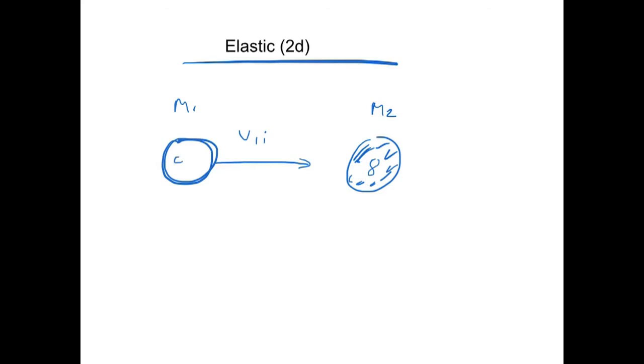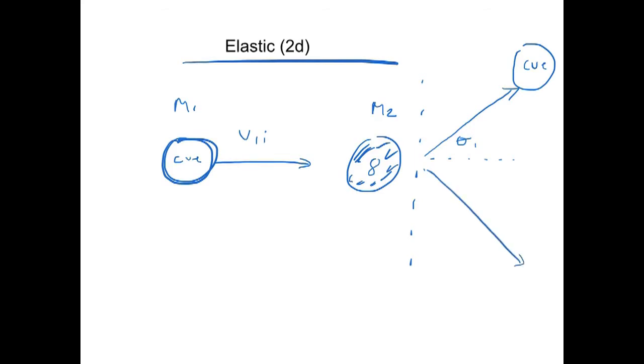And I'm going to write cue ball in here just so we know. Well, after they collide, let's say that the cue ball is going off at some angle. We'll call this theta 1. And the 8 ball is going off at some other angle, theta 2, and here's our 8 ball.